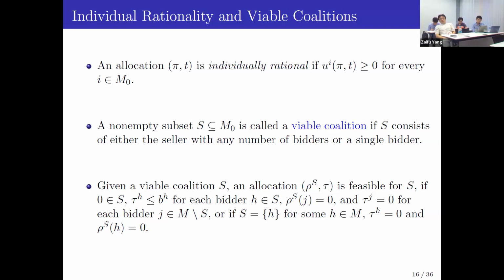The other case is when the coalition contains a single bidder who stands alone, then the payment is 0 and he gets no item. So this is the definition of allocation for every valid coalition.